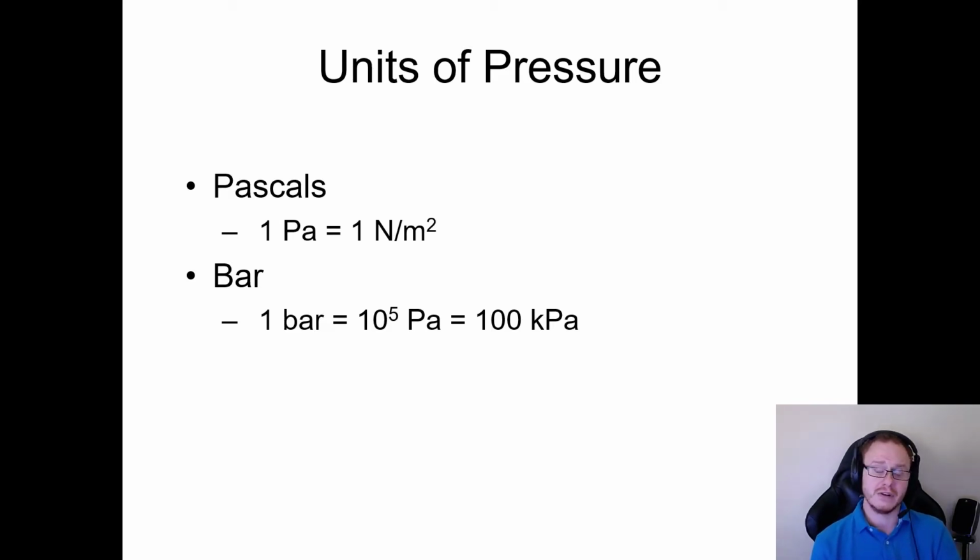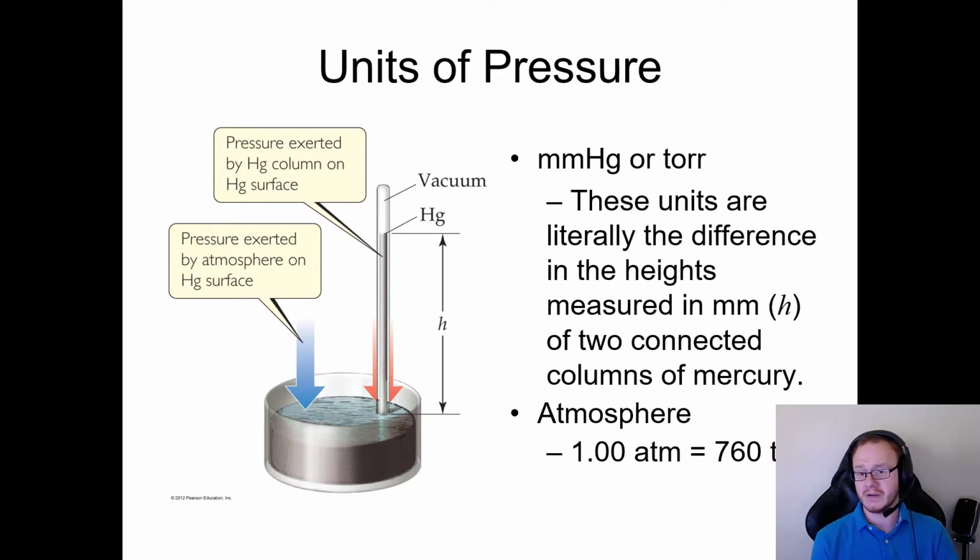There are other units, and the primary reason is because when pressure and gases were studied, numerous scientists were studying them at the same time, and they ended up using their own units. For example, a millimeter of mercury or a torr. This is derived from an actual device that was mimicking a thermometer, a tube full of mercury, but this time it's not closed, it's an open-ended tube full of mercury in a vat.